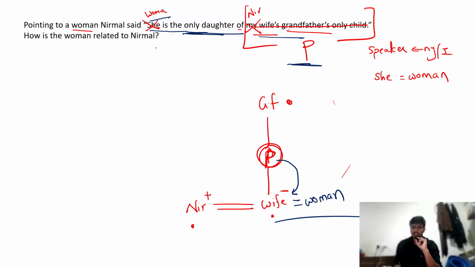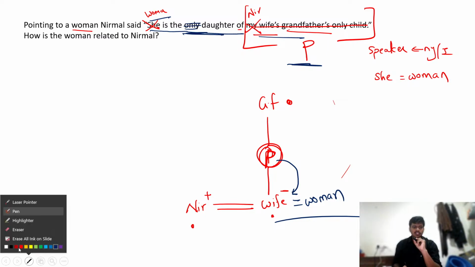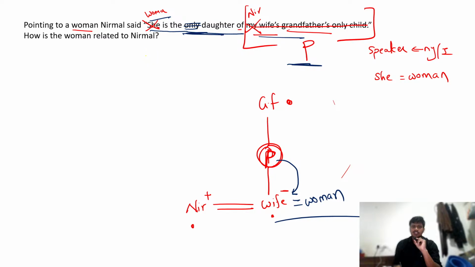But remember one thing, if the word only is not there, assume like this. If the word only is not there, it means the woman is the daughter of P. Daughter of P means there is a chance she can be the wife, or there is one more chance she can be the wife's sister. Let us take that the word only is not there.